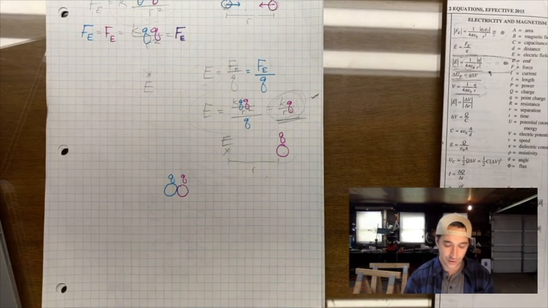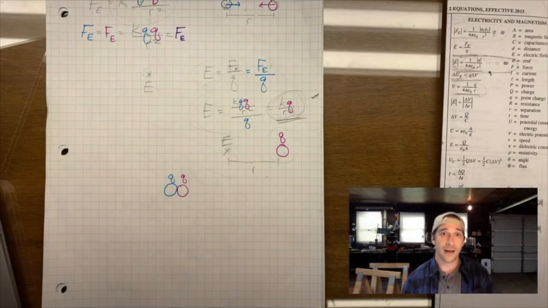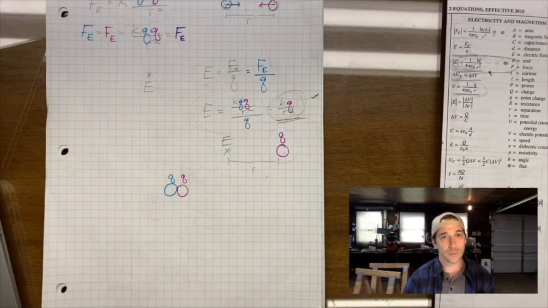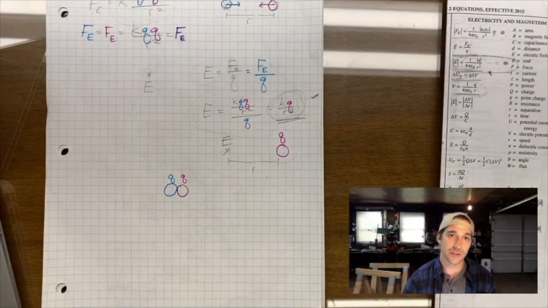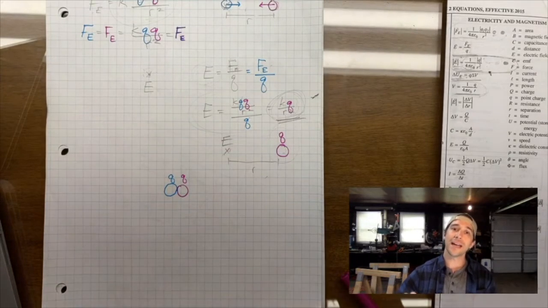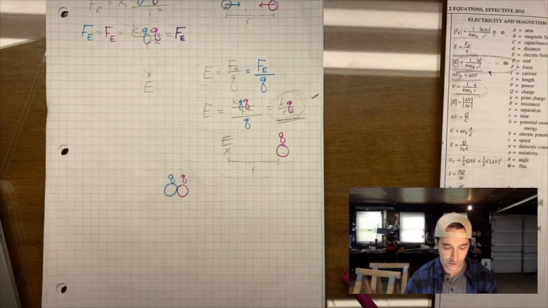A lot of times when we talk about electric potential energy, there's a great analogy with gravitational potential energy. An object sitting on the floor is as low to the ground as it can get. It has zero gravitational potential energy. If we lift it up and move it away, the farther away we move it, the more gravitational potential energy it gets.